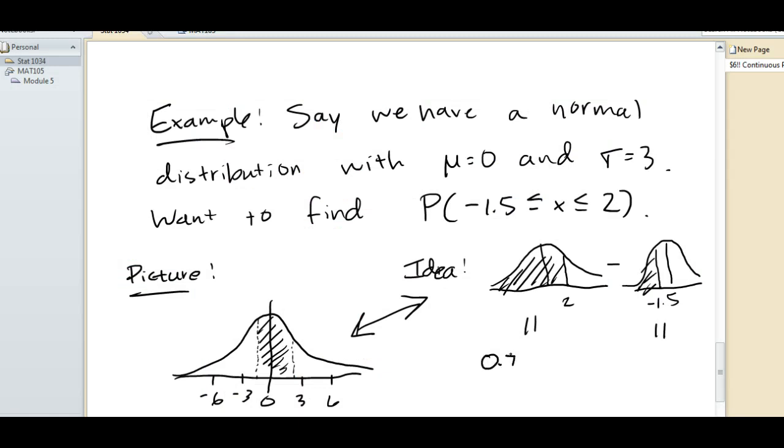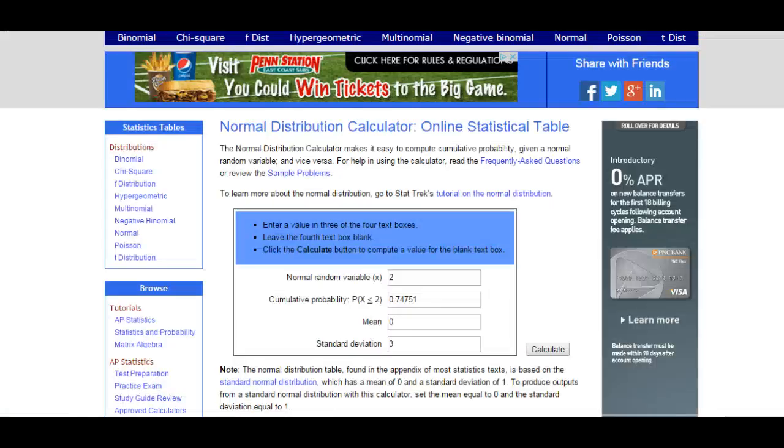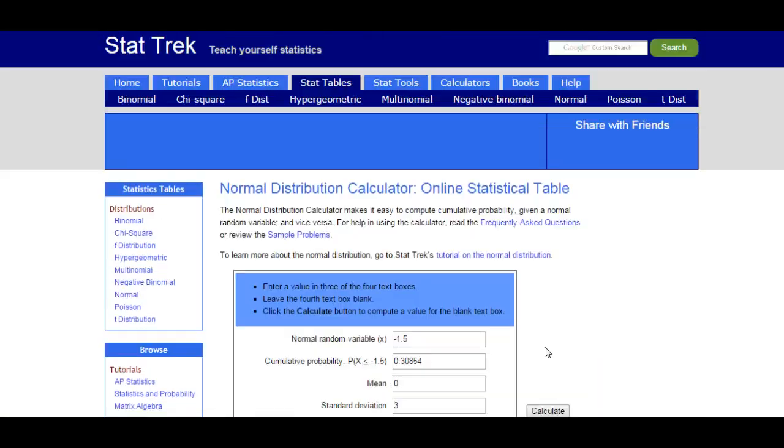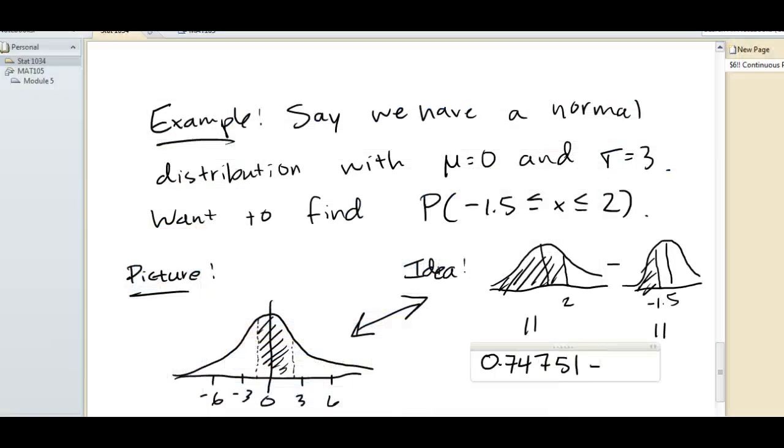The values that are less than 2 are 0.74751, and for the values less than negative 1.5, we go back to the calculator and we get 0.30854. That's going to be our answer when we subtract those two.